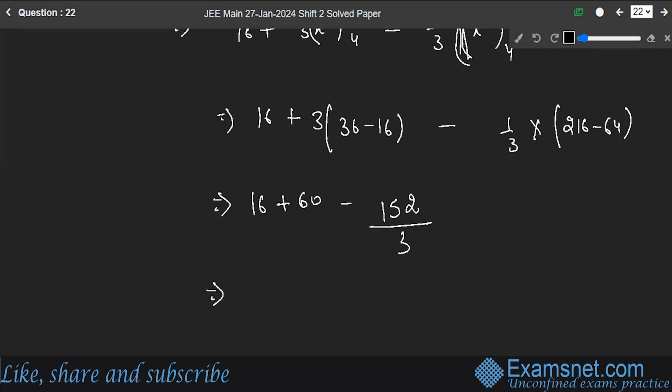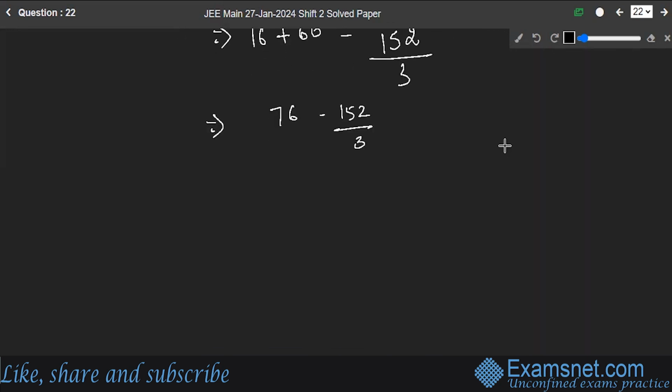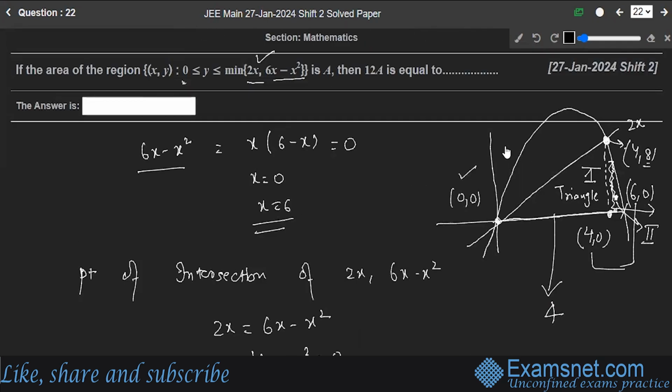So this is 76 plus 152 upon 3 subtracted, giving 76 upon 3. This is the answer to the area.